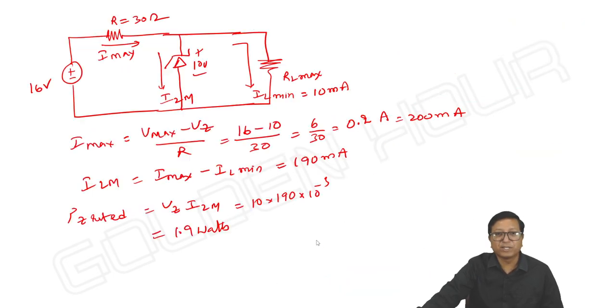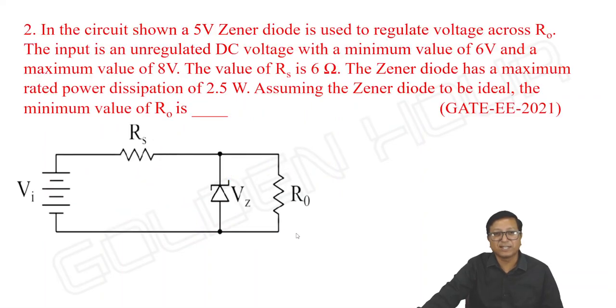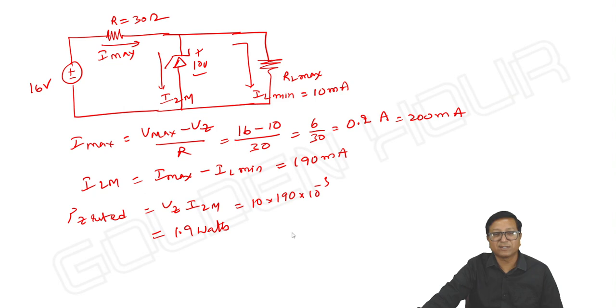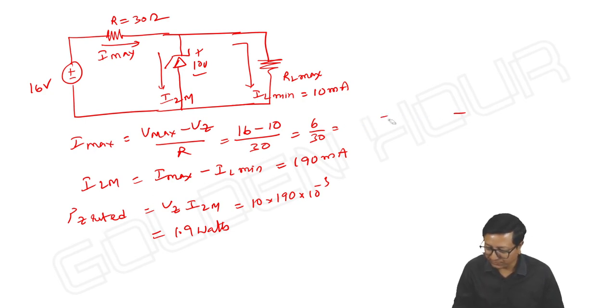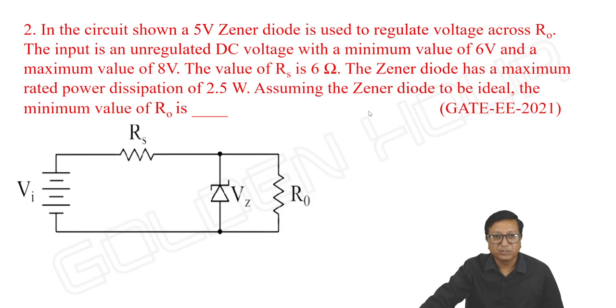Now we can analyze this. From this circuit only, I will just explain the analysis once again. What is happening here? I am writing 200 milli here directly; actually the place is not there.